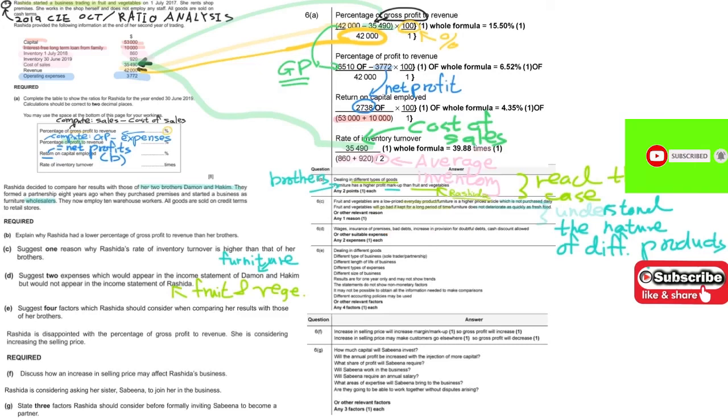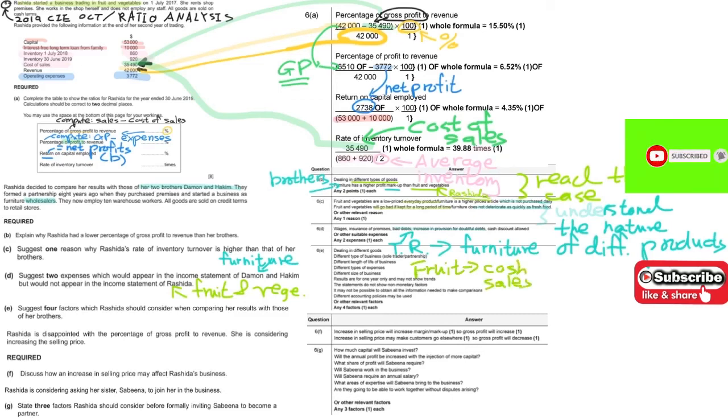The thing about it is, in furniture there are trade receivables, but that's not for the fruit. You have to pay cash. For the fruit, you mainly base it on cash sales.